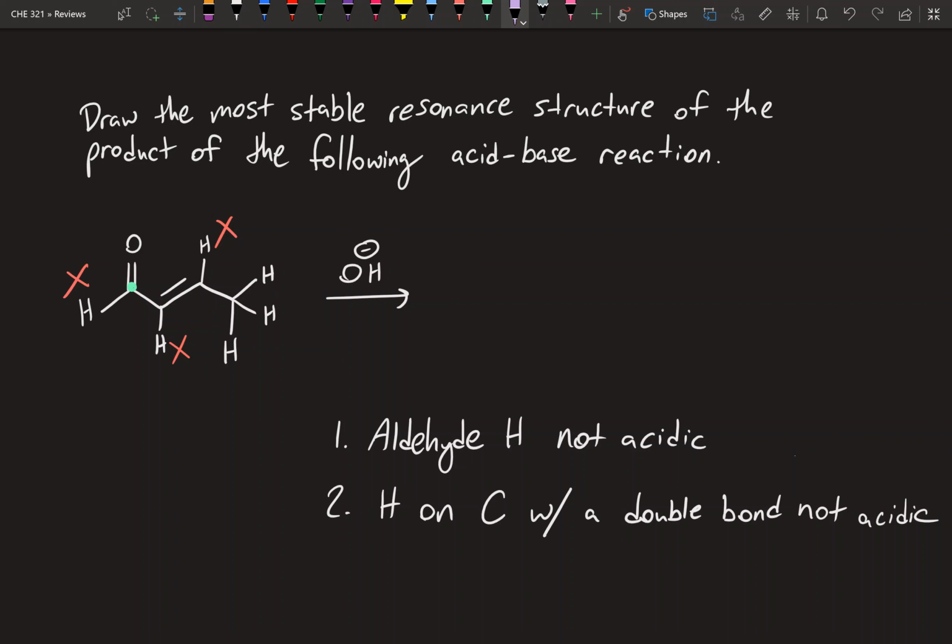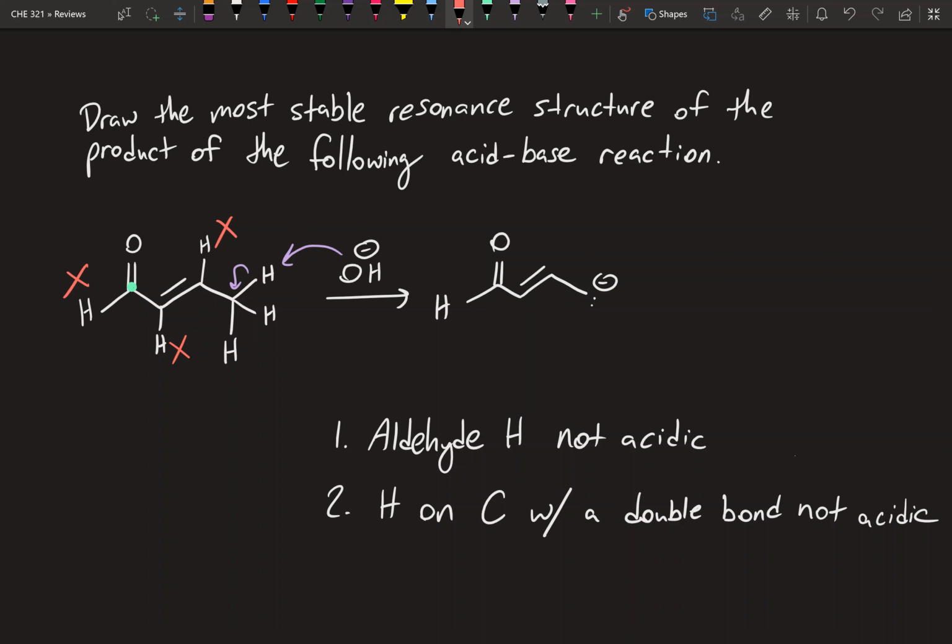So now we're left with our last option, so let's draw the curved arrow. Pick any one of the hydrogens, it doesn't matter. Okay, so we have this carbon with a negative charge, and we want to see if we can resonate that negative charge.